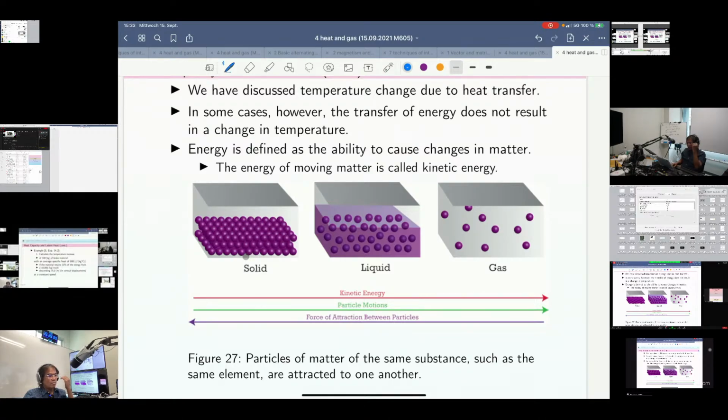The arrangement of the molecules of the solid here, right?